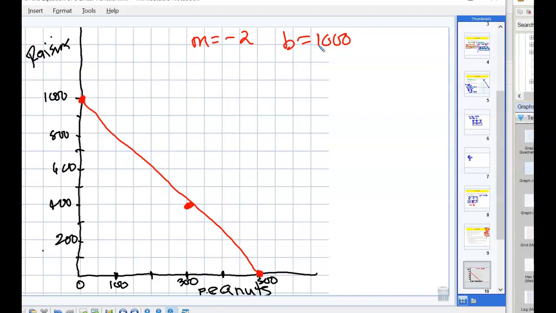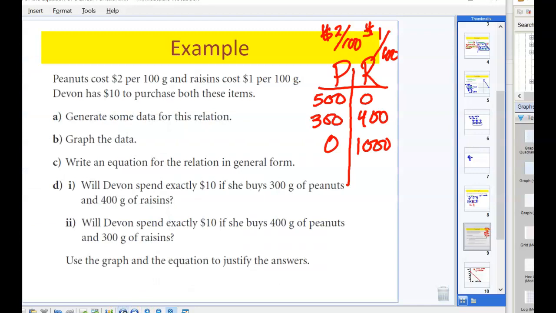So therefore, my equation is going to be raisins, which is my y variable, is going to be negative 2 times peanuts plus 1,000. Okay, that was part C.